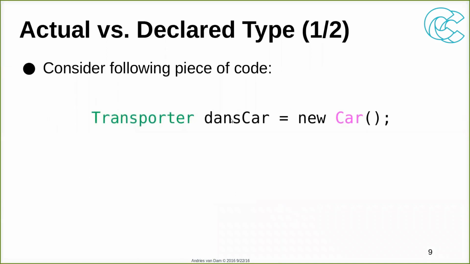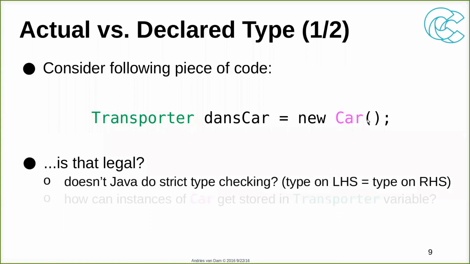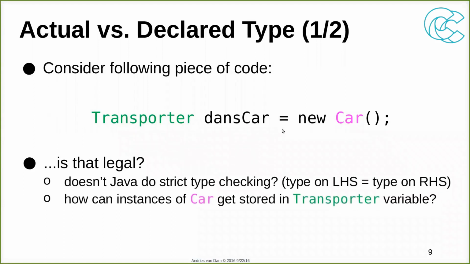So in this one, you have the interface transporter. So this is the type here on the left hand side. On the right hand side, you are saying that the type should be car. Right? So the first question that could come up is, is this even legal in terms of the Java syntax?